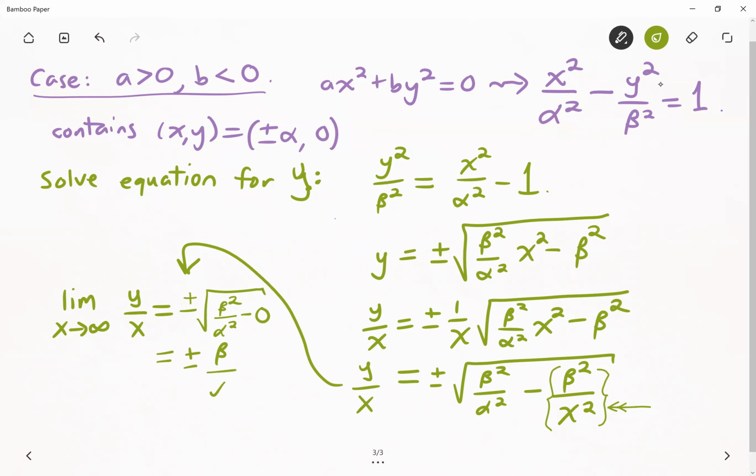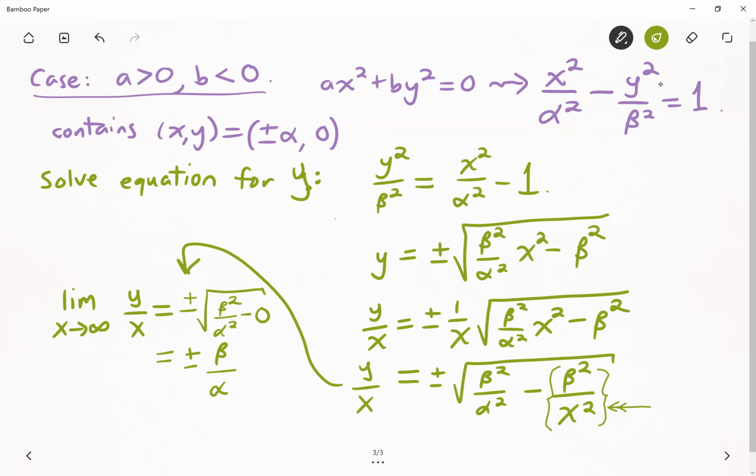So we're left with plus or minus beta over alpha. So what is this telling us? On the left, we have y over x. You can think of that informally as the slope of this function. As you travel out to infinity in the x direction, this expression, y over x, tends to plus or minus beta over alpha.